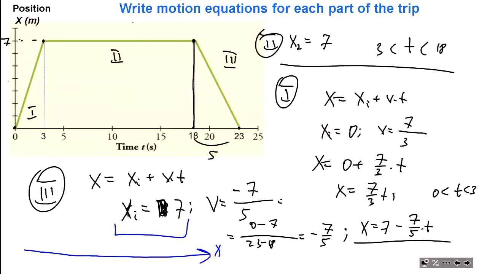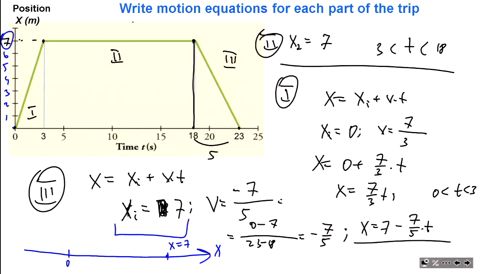The actual location was at x equals 7, and it started moving from here, and because it starts moving, the word starts makes it initial.